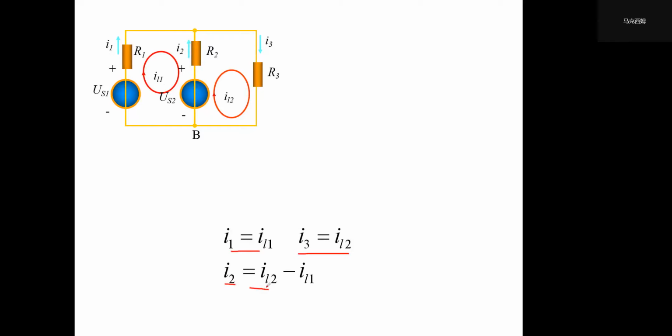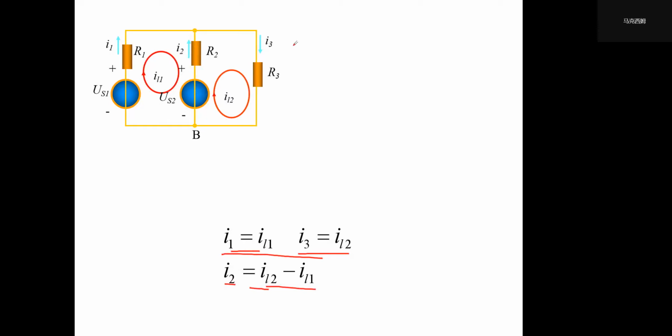So we give IL1 a negative sign and IL2 a positive sign. And so we can see all three branch currents I1, I2, I3 could be represented by only two loop currents, right?